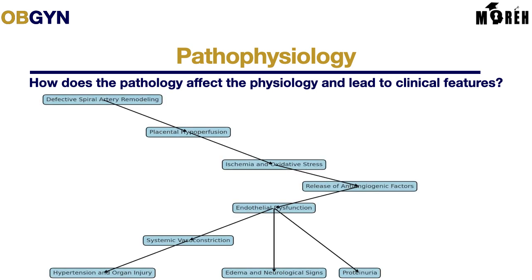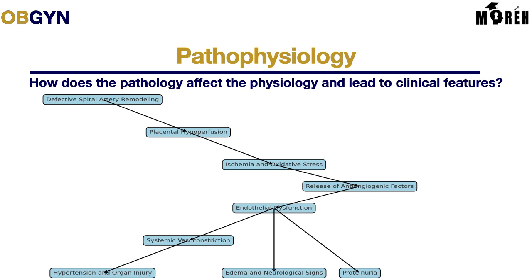All right, so this is where our pathophysiology begins. So there's defective spiral artery remodeling.